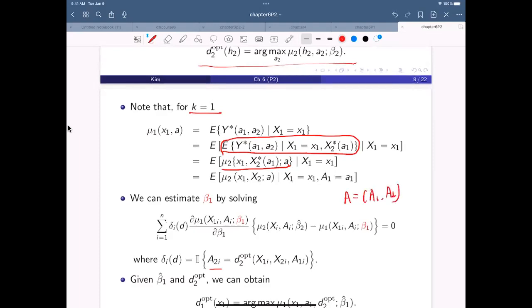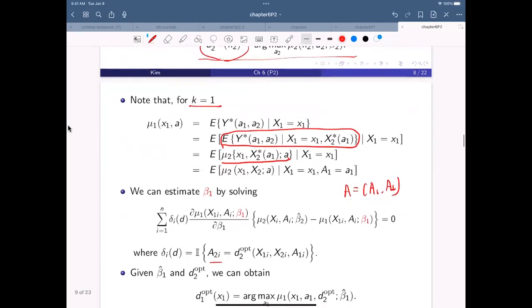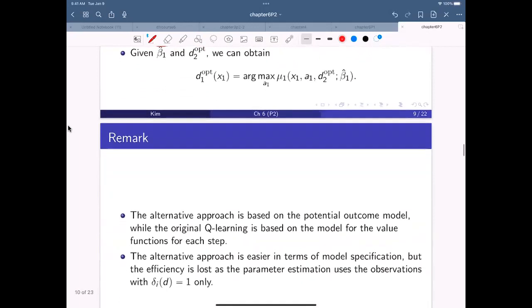But we are only interested in the optimal decision. So we can use this delta indicator, which means that among the units whose A2i is equal to the optimal decision, we estimate the parameter beta 1. So this is a slightly different idea.